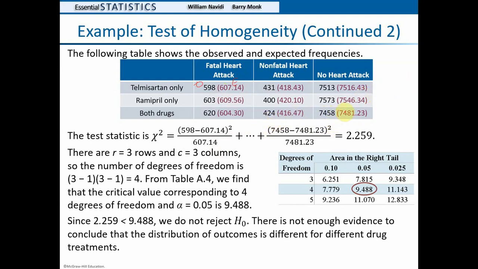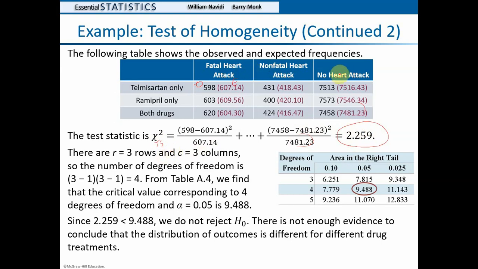I'm sorry, over the expected. For each one, expected, we add those up, we get the chi-squared test statistic. I like to put this down as the test statistic. It's 2.259.